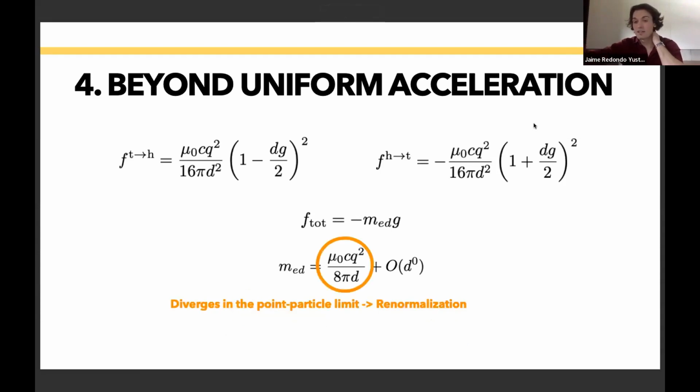And would have some finite size effects, but for an extended body, this is perfectly well defined. And in this case, it can be understood that if we start with a particle in inertial motion and we tune some acceleration, then the self forces will contribute to dress the mass of the particle with this electrodynamic contribution until it reaches the uniform acceleration, and this contribution is stable.